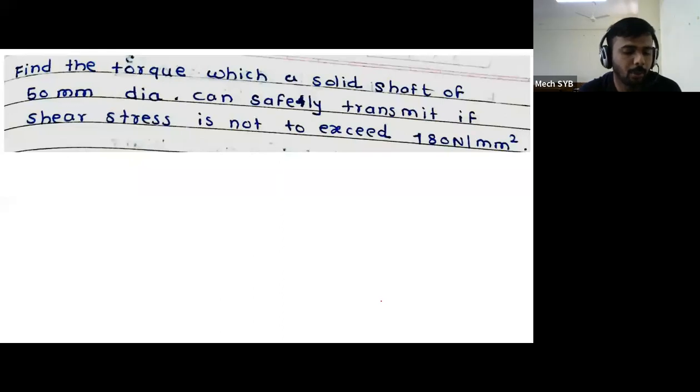Now we'll take 1 or 2 problems based on this particular type number 1. The problems are very simple, and this type number 1 is also very, very important for your MCQ examination or this online examination, because within 1 or 2 steps you will get the answer. Therefore such problems are also asked in your MCQ examination. The statement is given. In that statement all the values are given and the 4 options are given in the form of answers.